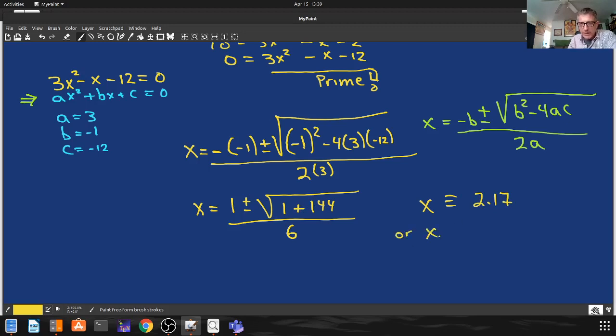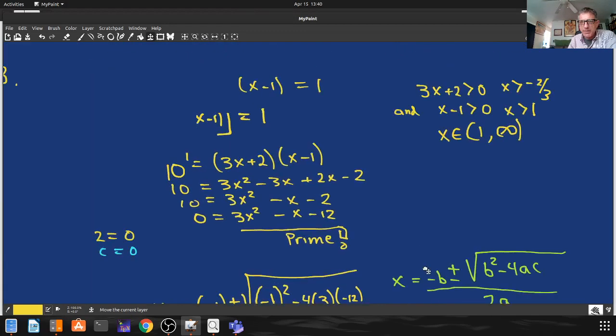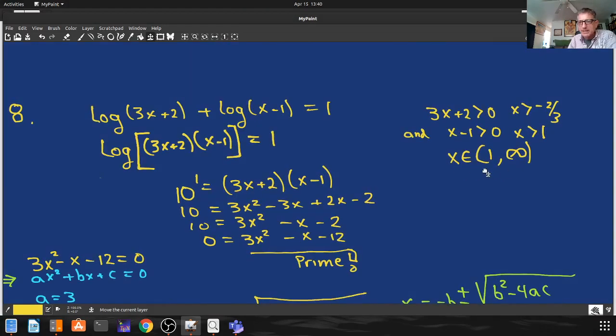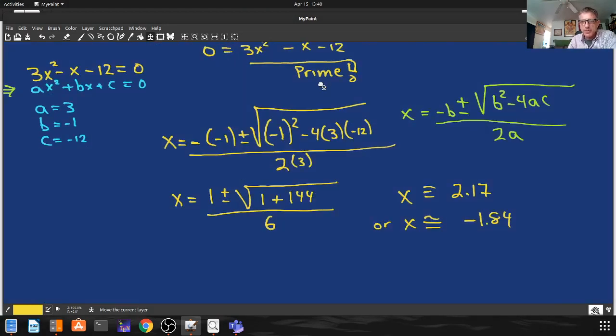Or x is approximately equal to minus 1.84. Again, using the calculator for this. So going up here, what did we need our values for x to be? x had to be greater than 1. So my only solution is this solution right here. That's the only one that's greater than 1.